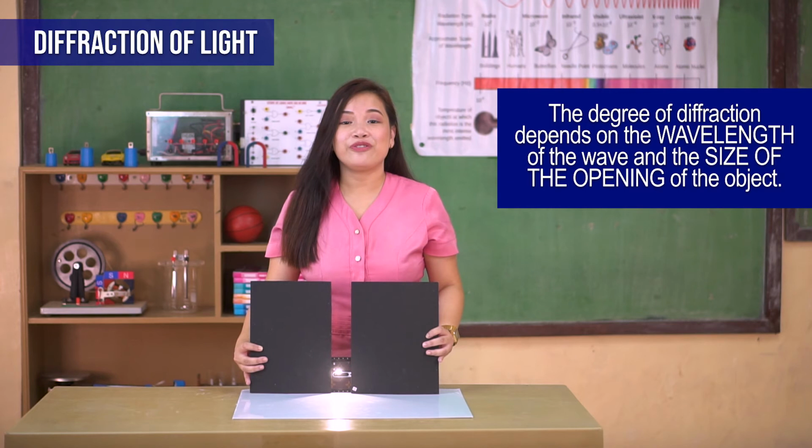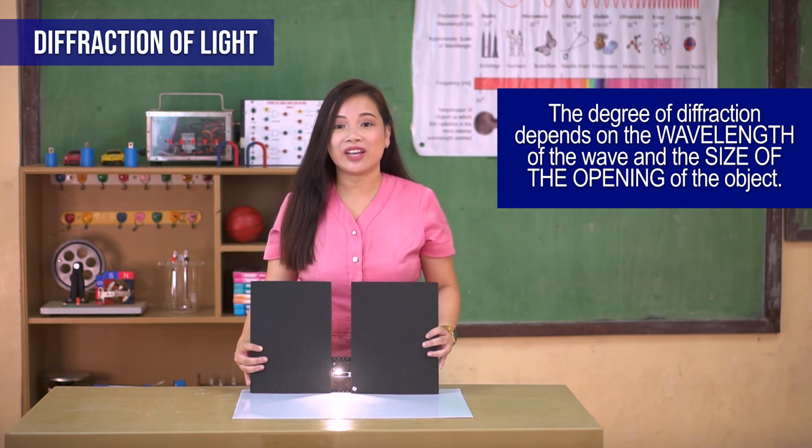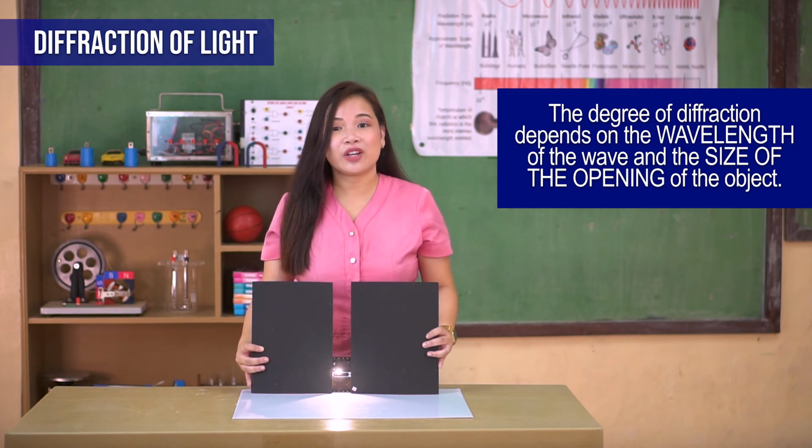The degree of diffraction depends on the wavelength of the wave and the size of the opening of the object. In general, the longer the wavelength compared to the width of the opening or object, the greater the diffraction.